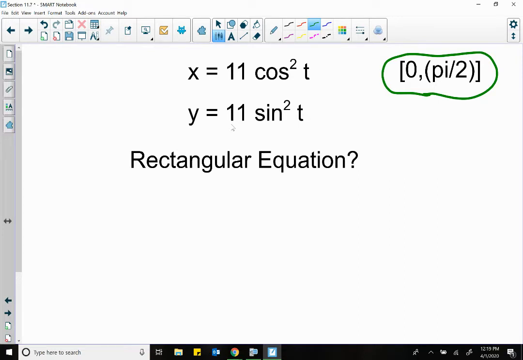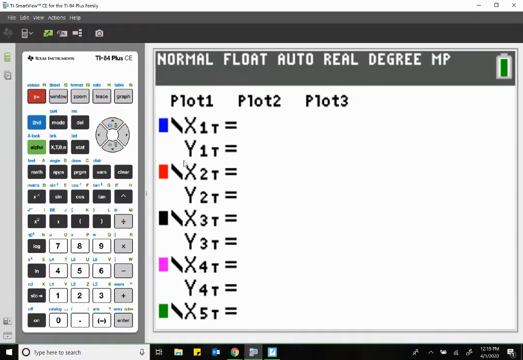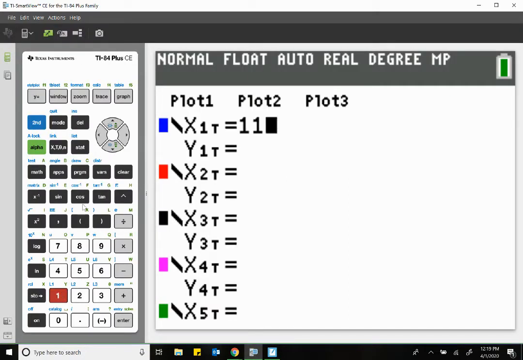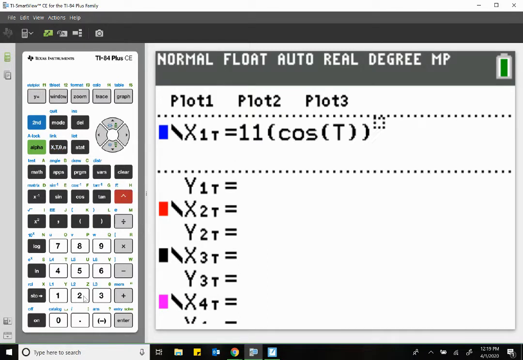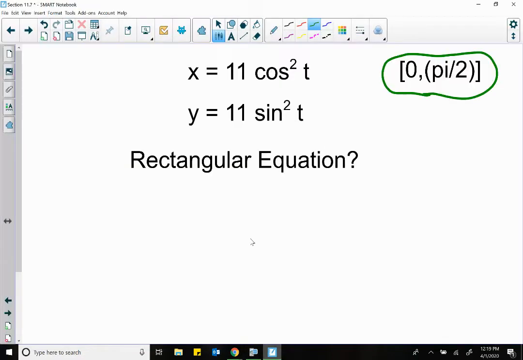So when we look at this, let's go into our calculator. We're going to put 11, and in order to get cosine squared, you have to put it in parentheses. If you hit the x value, notice it's now a t, which makes sense because we're in parametric. And that's how we get cosine squared, because that's what our x is, 11 cosine squared t.